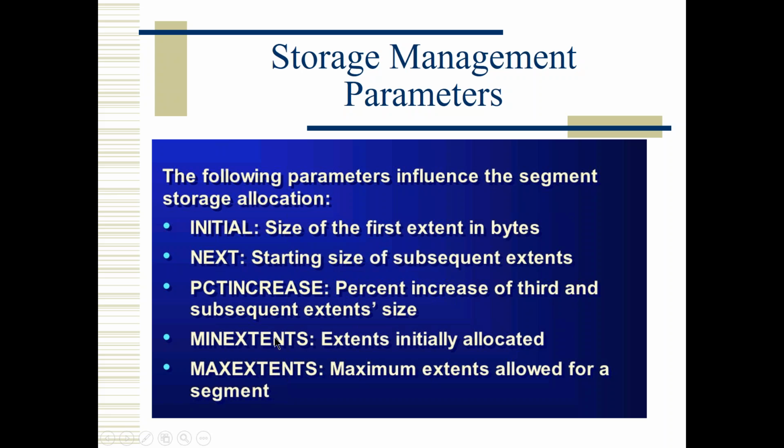We have initial, next, PCT increase, min and max extents as storage parameters. So when we allocate a unit of storage, we set up an initial size when the storage is allocated in a segment.